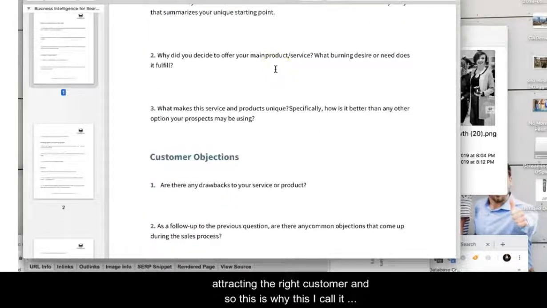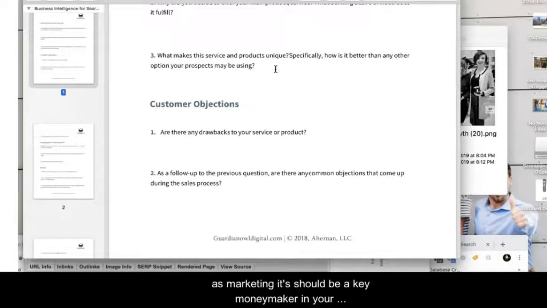This is why I call it the business intelligence for search engines, because this is really your search engine mindset for your business. And as marketing, it should be a key moneymaker in your business, not the content.